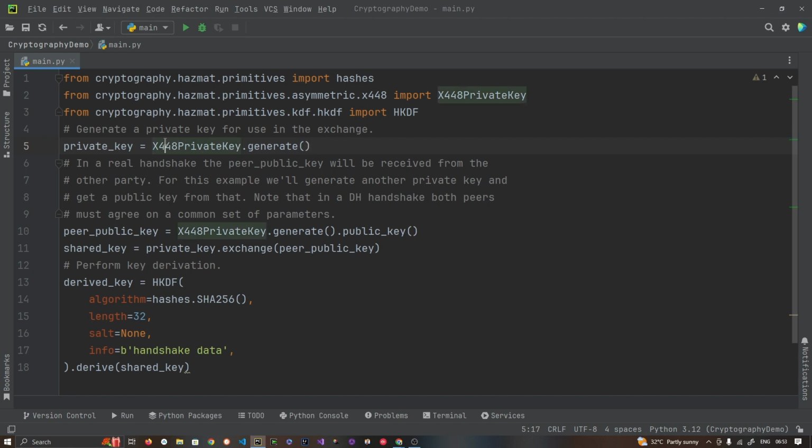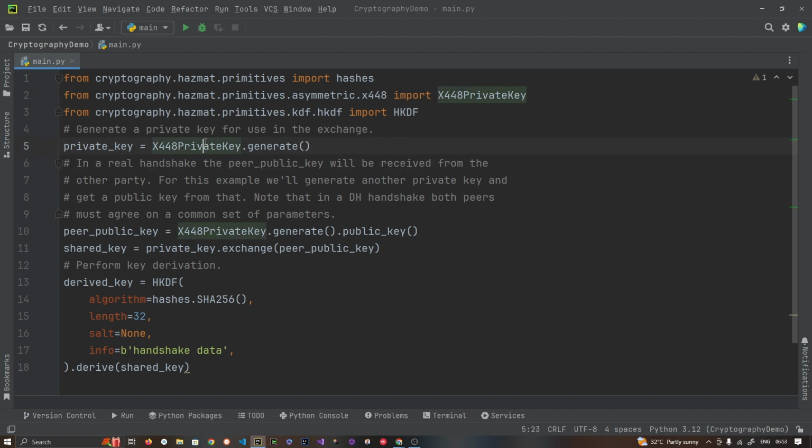I'm not sure whether the X448 private key is now available or not, because OpenSSL also only recently started supporting this key exchange. I'm not sure about the iOS and Android implementation, that you have to check.